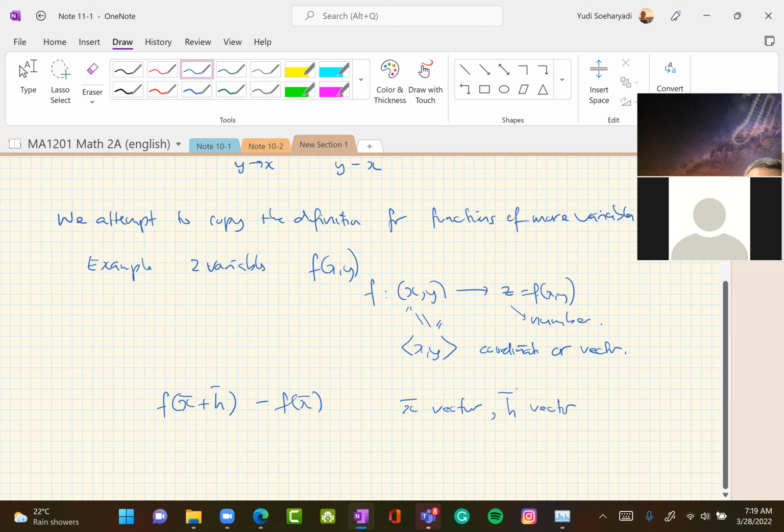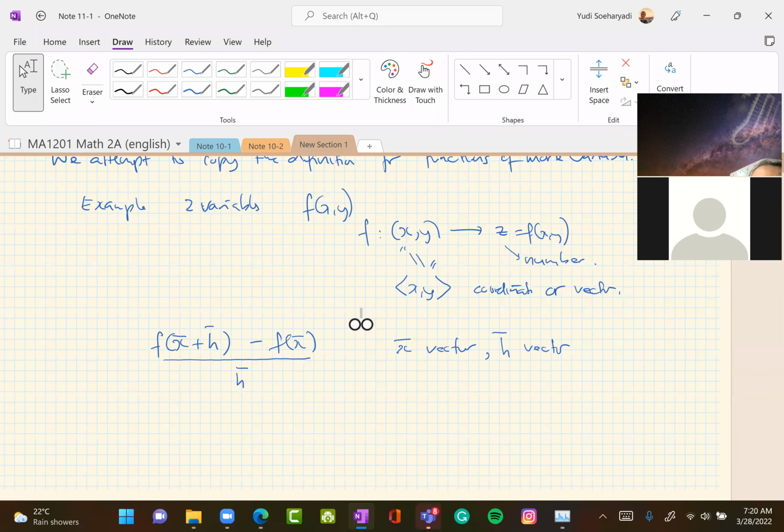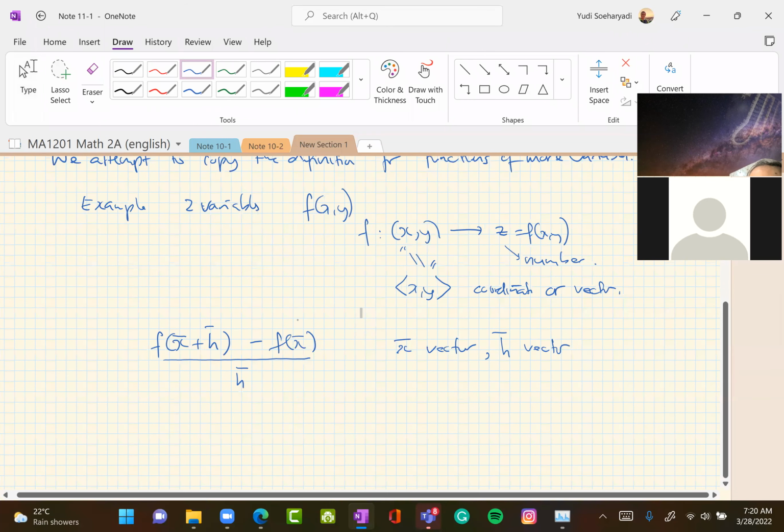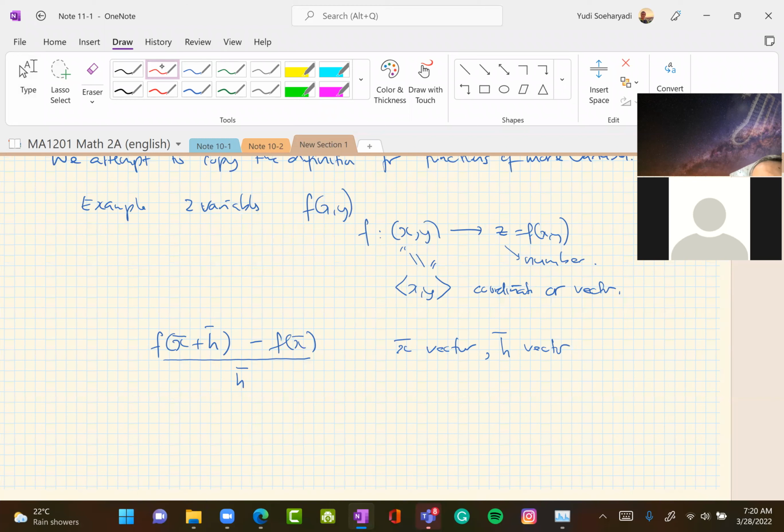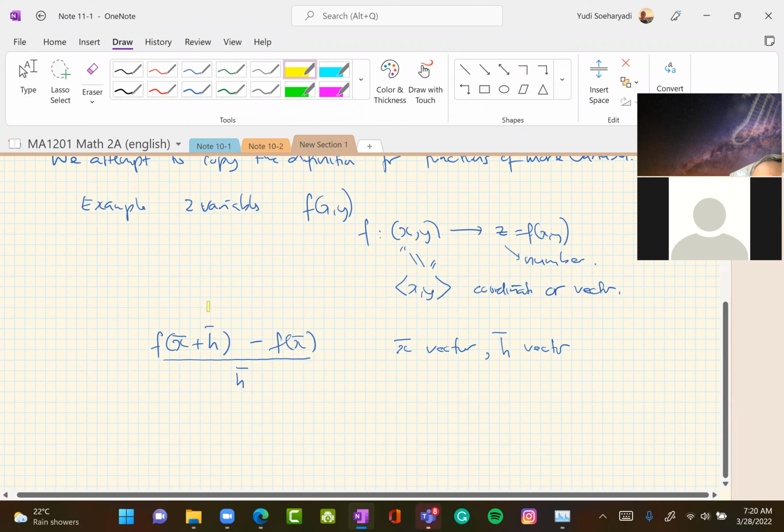And you divide by h, meaning that you divide by a vector. So this is the first problem that you stumble on when we attempt to copy these definitions.